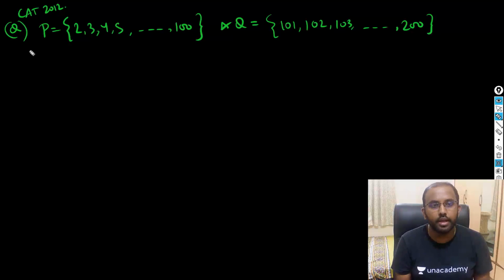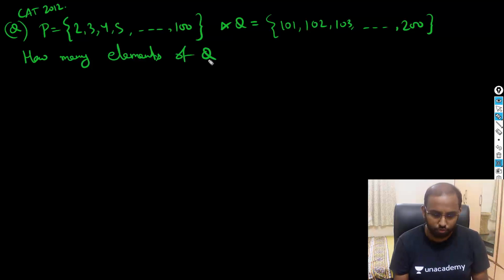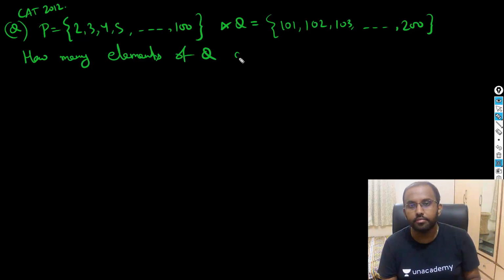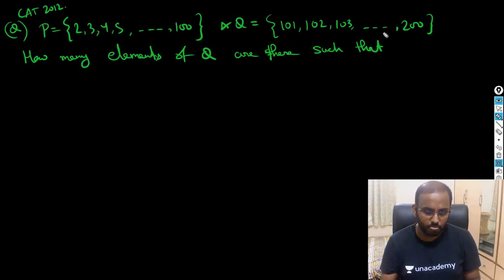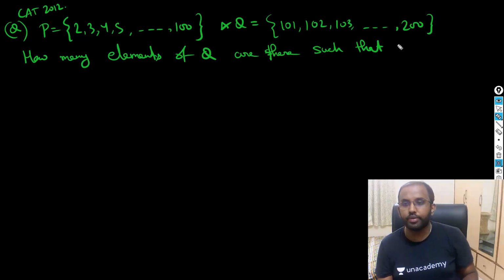How many elements of Q are there such that they do not have any element of P as a factor?